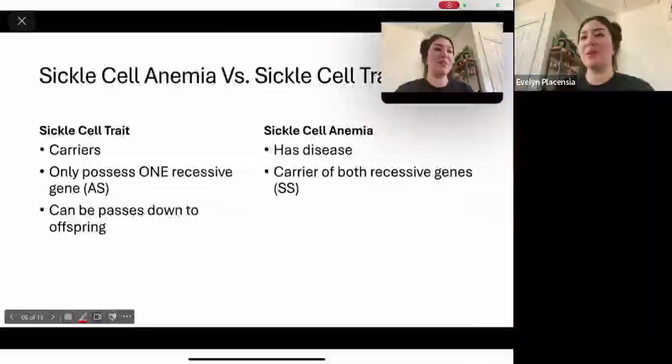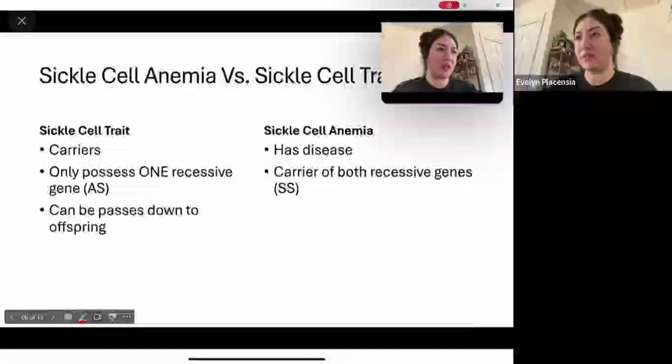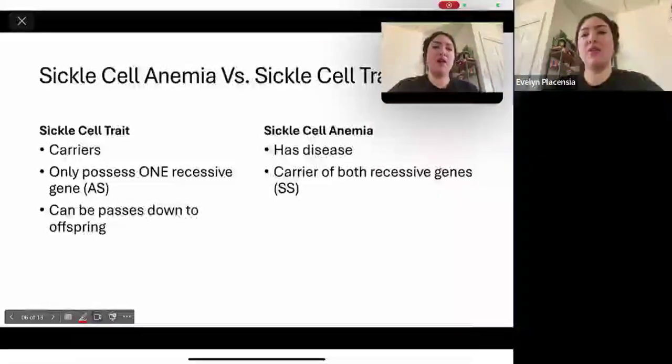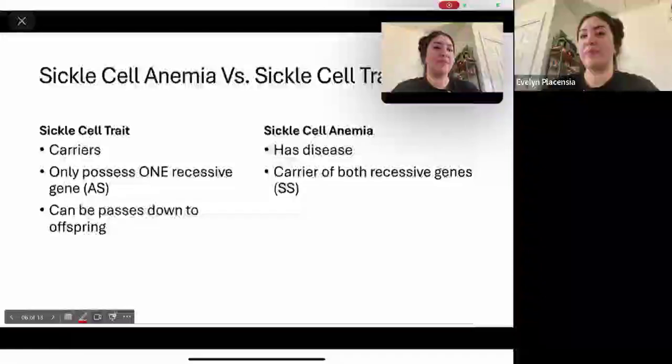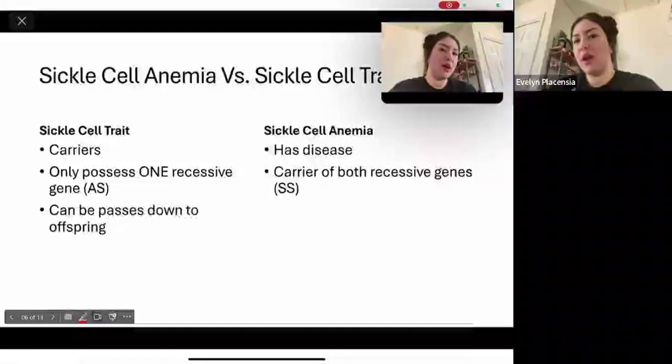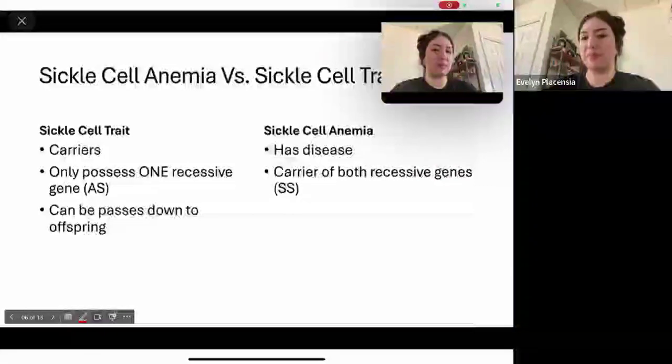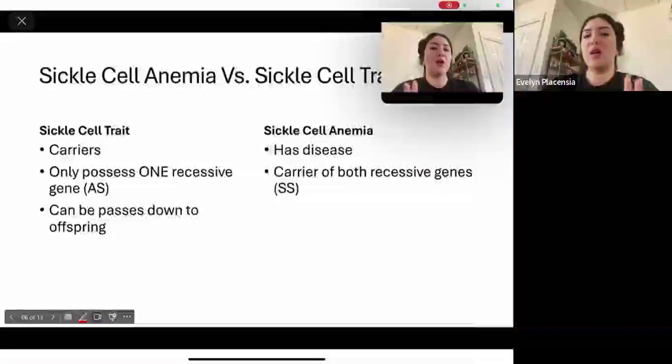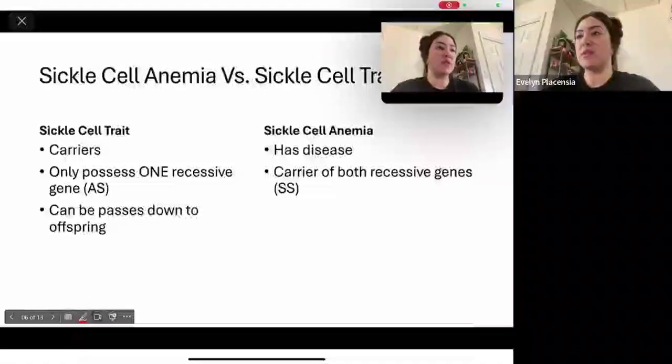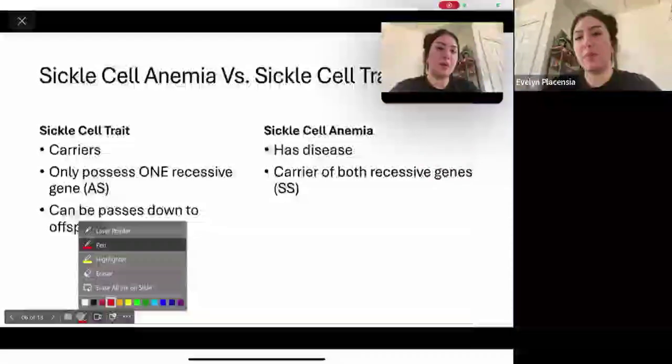What is sickle cell anemia? And what is the trait? Someone with a sickle cell trait is a carrier. They only have a single recessive gene for sickle cell disease, while the individual with the disease carries both. As you can see here, let me refer back to my pen.